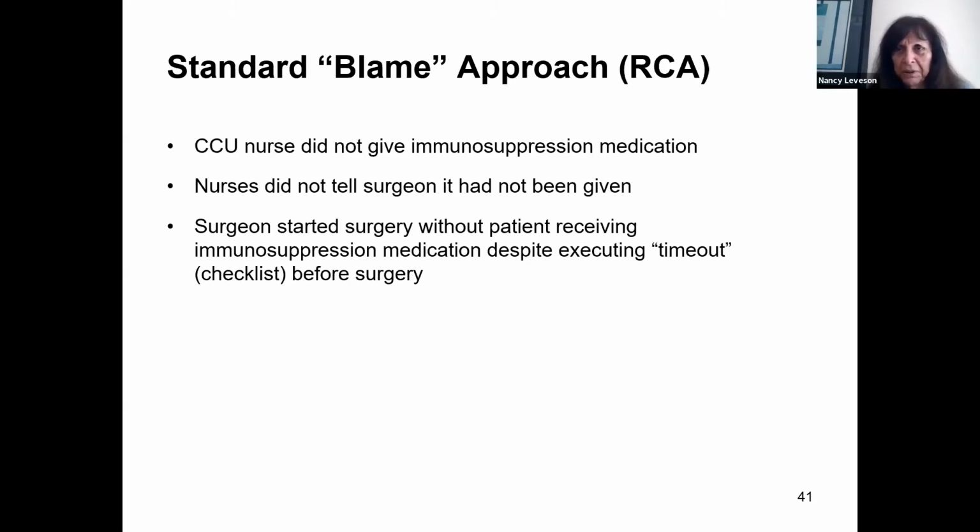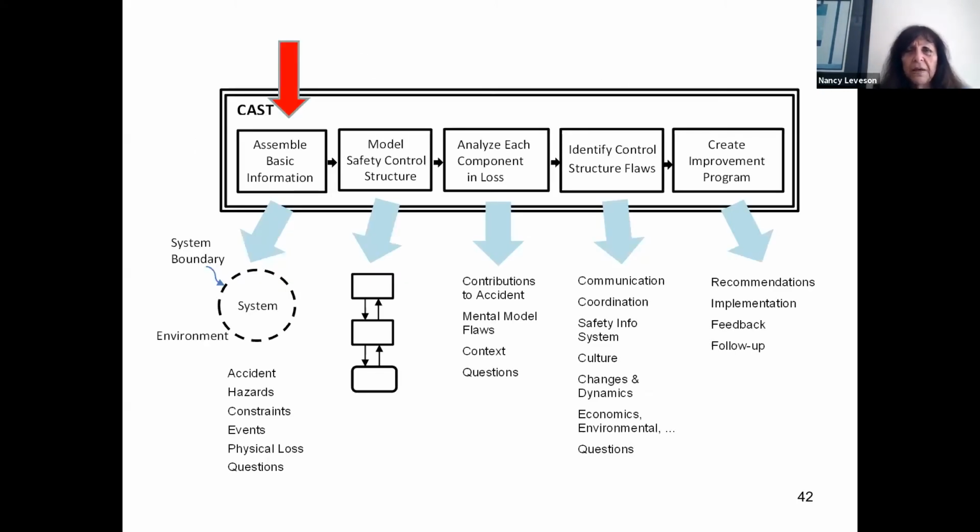Let's look at what CAST would say. So CAST has 5 steps instead of the 4 steps STPA has, but it starts out the same way. Assemble the basic information, model the safety control structure. Now what we do is analyze each component in the safety control structure in the loss. If you don't have them all in the safety control structure, you'll add them as you go along.